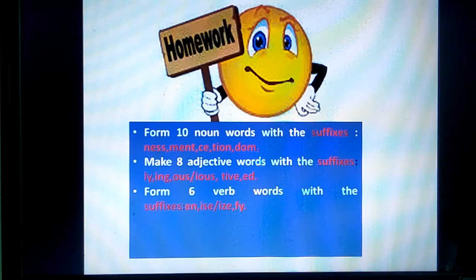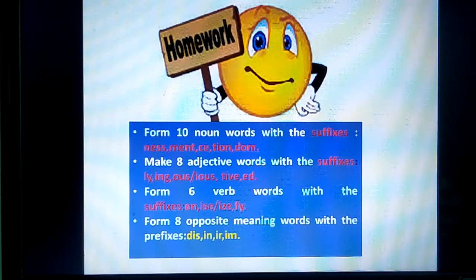Form 6 verb words with the suffixes en, ize, fy. Try to make new words. You can take help from the class, no problem, but try to find out new words. Then form 8 opposite words with the prefixes dis, in, ir, im.